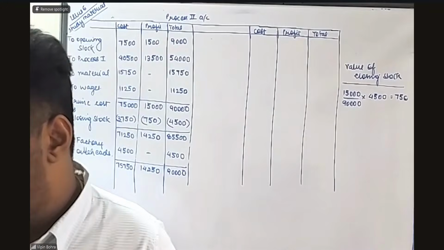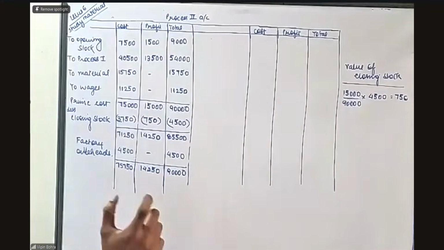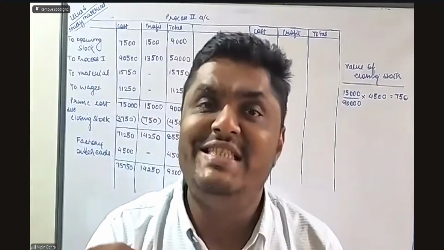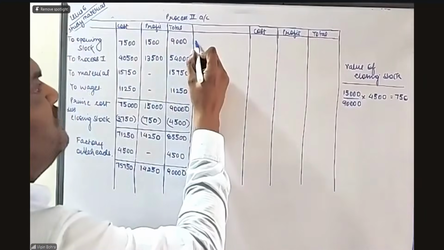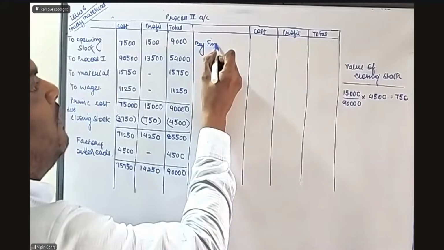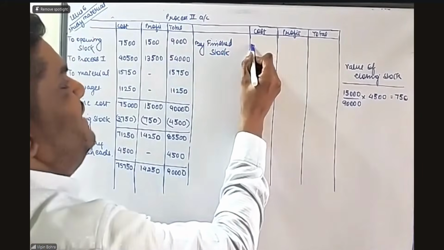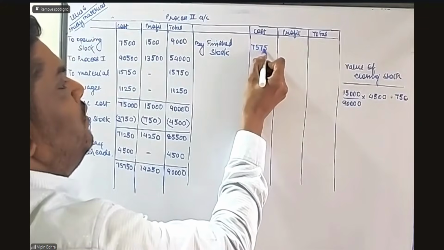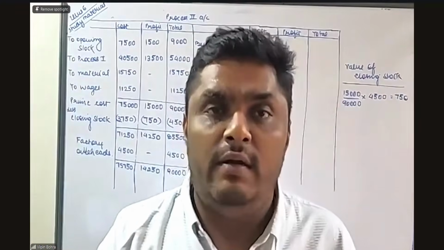Very good, Shamli. So, when talking about company's perspective, the cost to the company is 75,750. The cost to the company is how much? 75,750. This is the cost from the company's perspective.